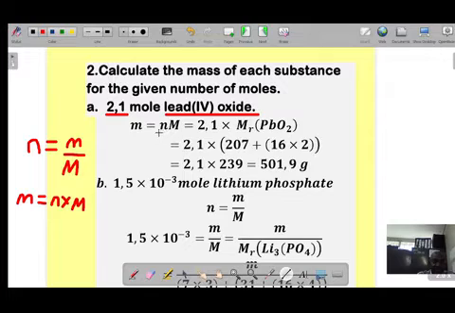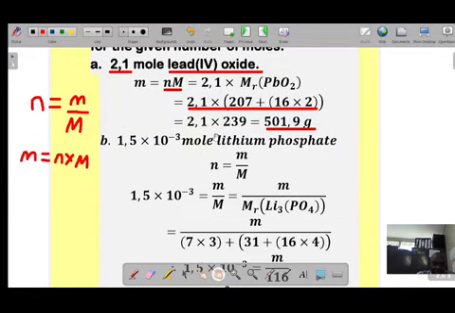So this is moles times molar mass. They gave me 2.1. The molar mass for lead oxide: lead is 207, and oxide, that is O2, is going to be 16 times 2. So if I simplify it, it gives me finally 501.9 grams. That's the mass for lead oxide contained in 2.1 moles. Let us proceed.